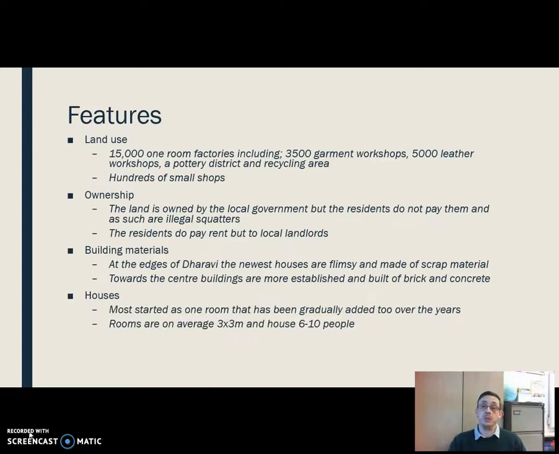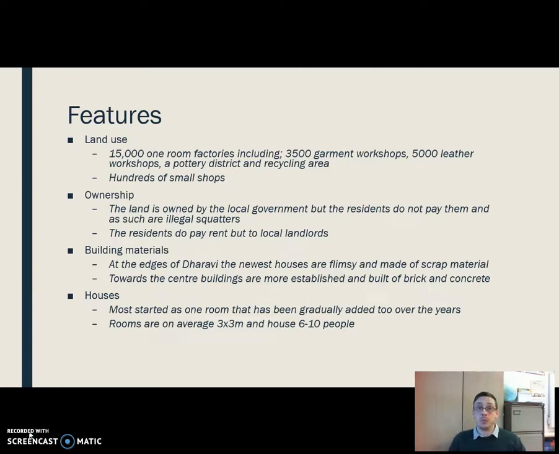Now, the houses themselves, because of the huge population density you have in such a small place, most houses started as one room and have been added to vertically. So you've added houses going up over the years.